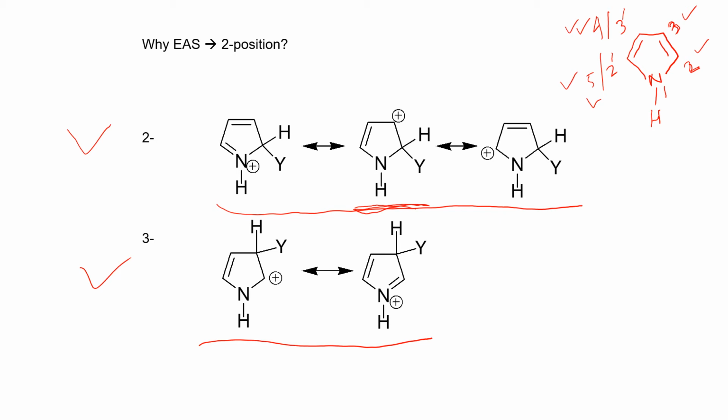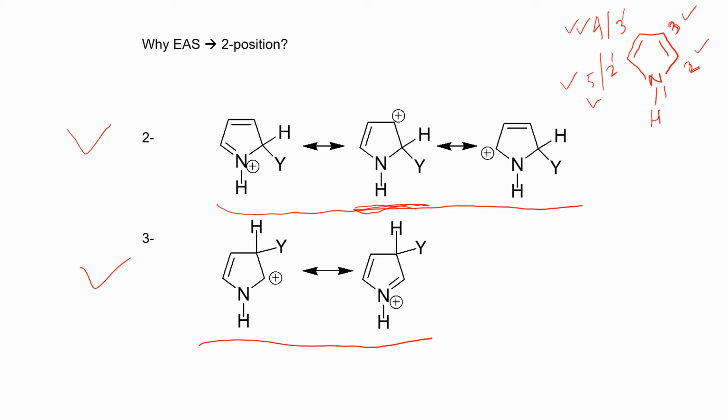So from these resonance forms we can say that the 2-substituted product will be the major product in electrophilic substitution reactions. That means the electrophile will attack at position 2, the preferred position, and the 2-substituted product will be the major product.